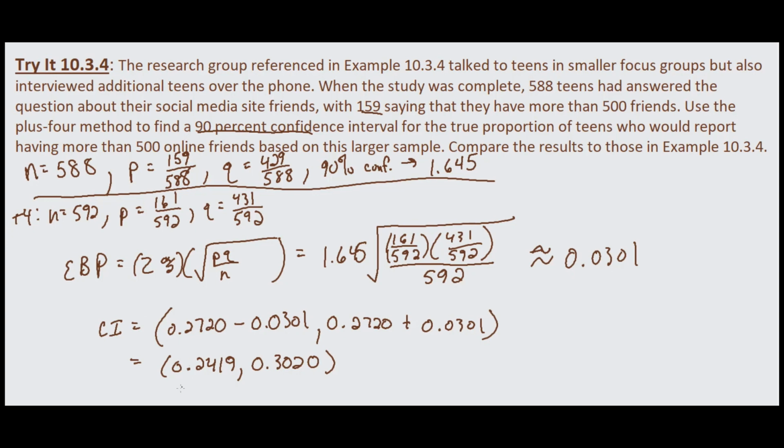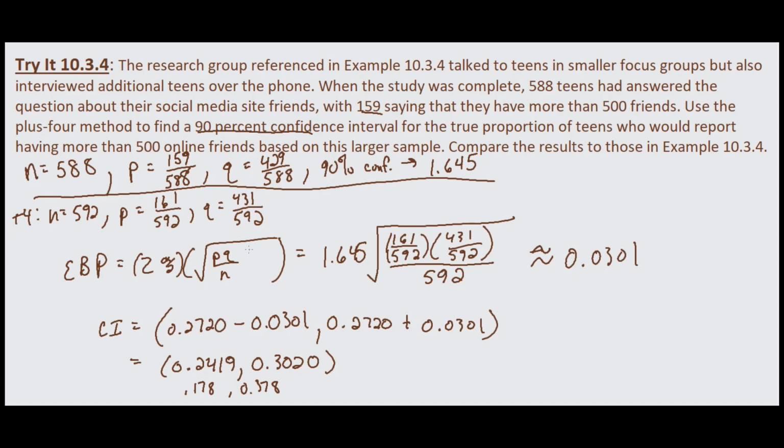Again, with example 10.3.4, we went from a lower bound of approximately 0.178 to 0.2419, and we went from an upper bound of 37.8%, 0.378, to a much lower 0.302.